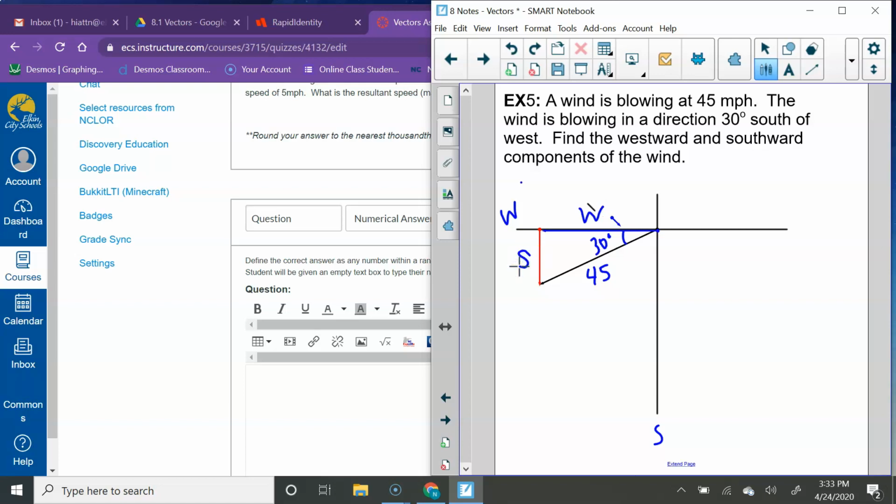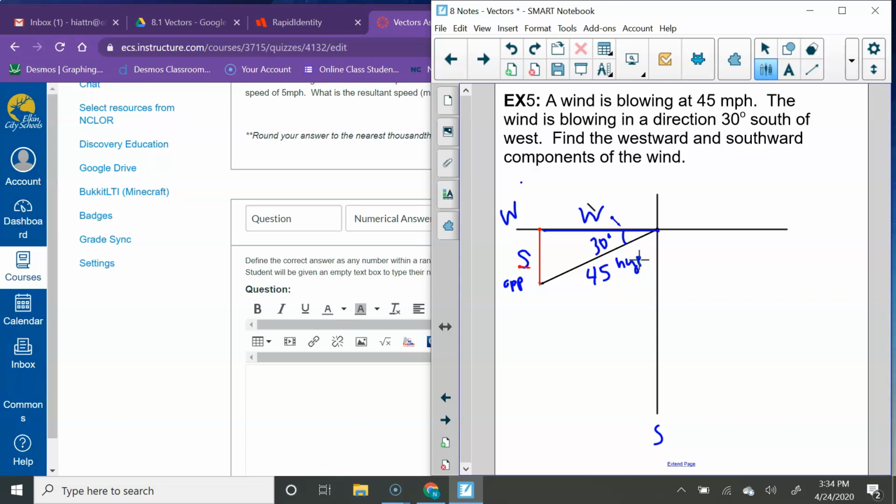And so let's look for S first. S is the side that's opposite of that 30-degree angle, and we know 45 is the hypotenuse. Whenever we have opposite and hypotenuse, we're going to use sine. Or we could use law of sines here if you prefer law of sines.